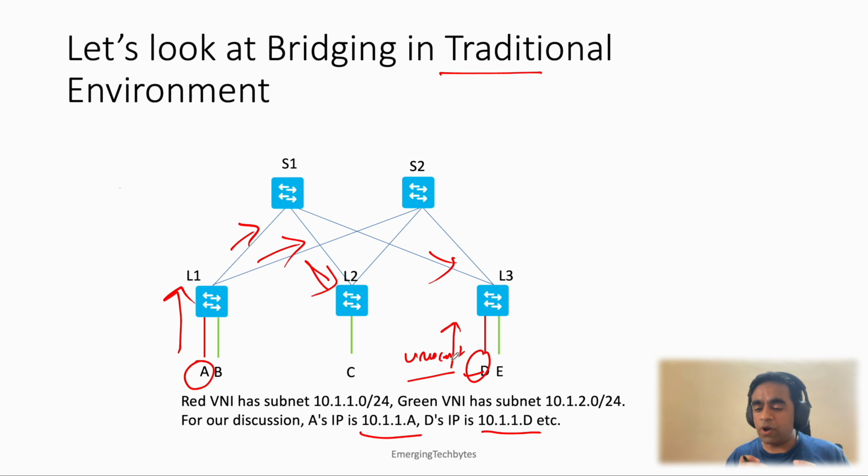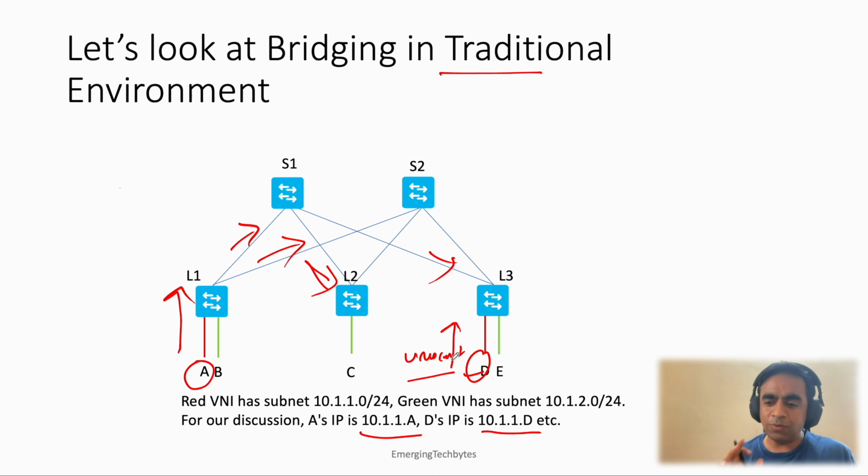Now those of you who are paying very close attention to this network can clearly say that, Sunil, if we wear our networking hat for some time and come out of the beginner arena, isn't there a loop? Let me use a different color here.